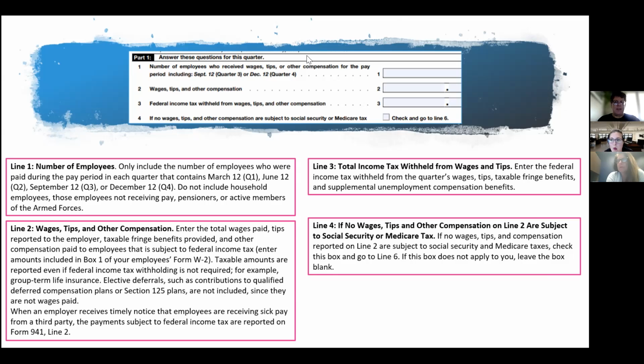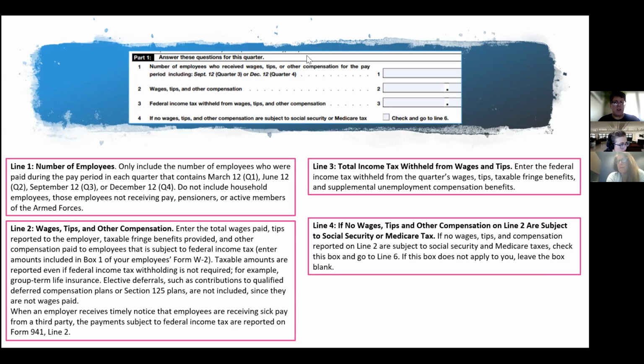Anything that you enter on box 1 of your employee W-2 is going to be included in this. Examples of these are group term life insurance, elective deferrals, such as contributions to a deferred compensation plan or Section 125 plans.